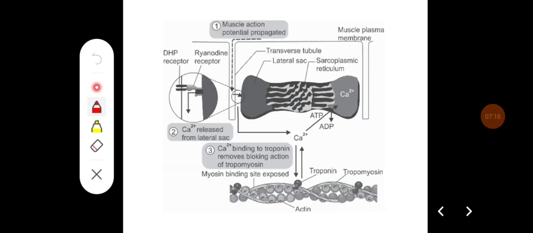So this is a diagram showing the sarcoplasmic reticular system. This is the transverse tubules and these are the longitudinal tubules.